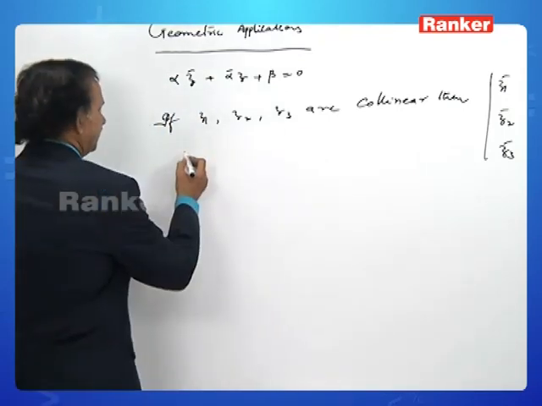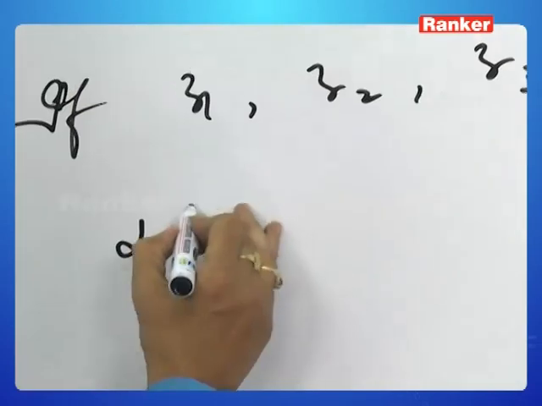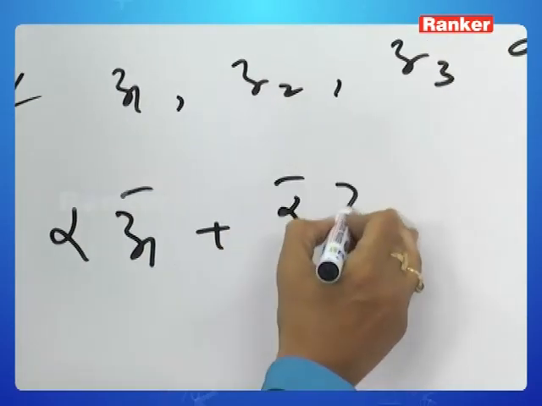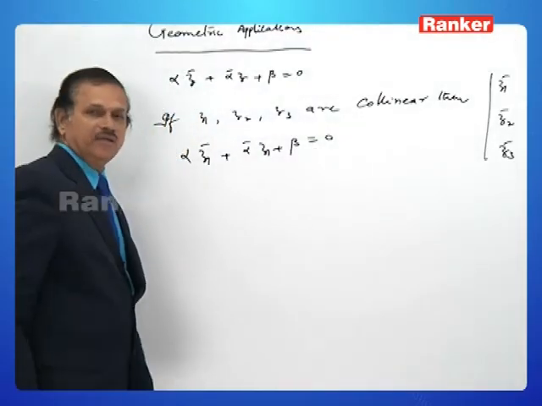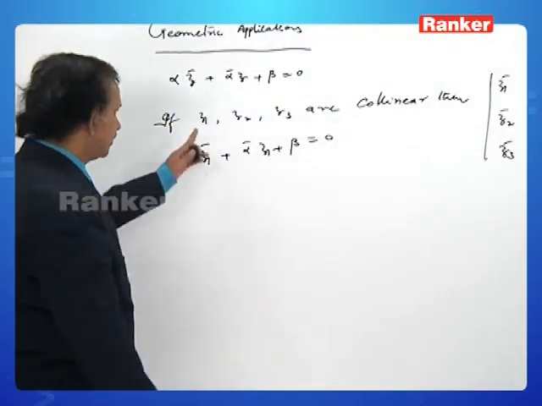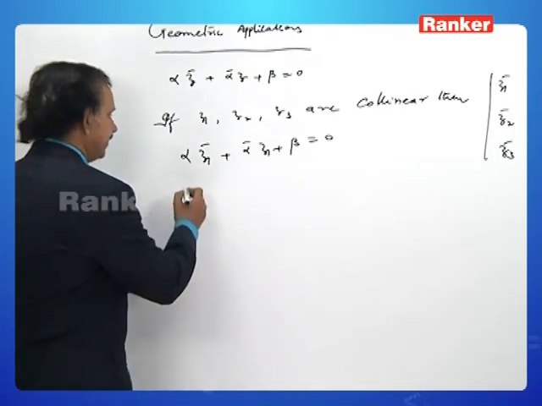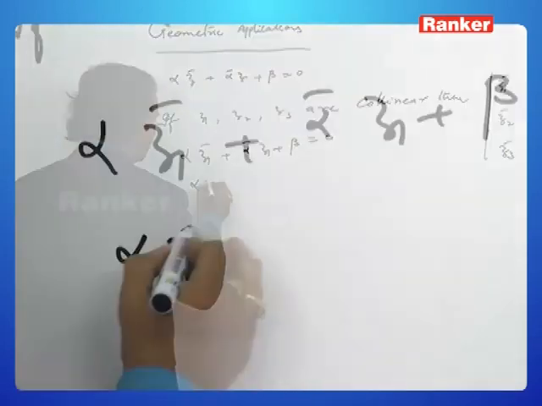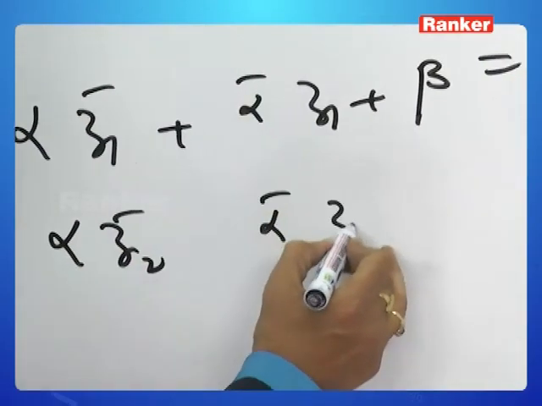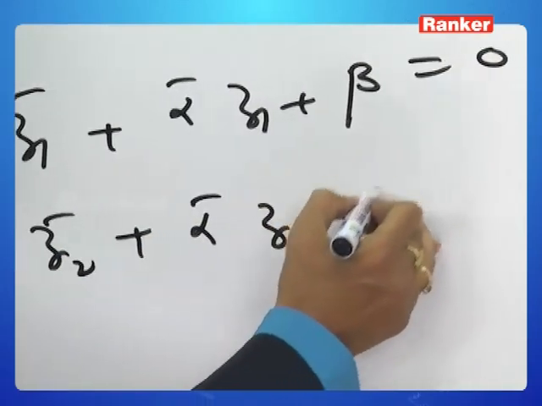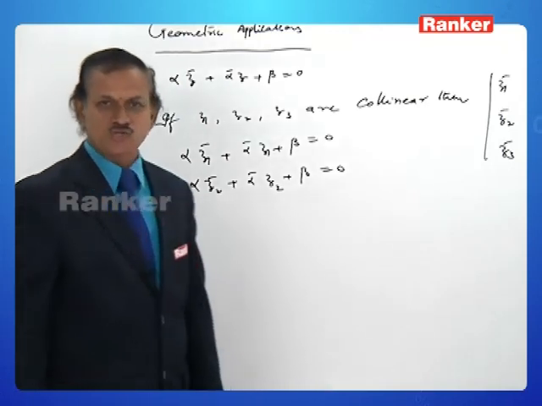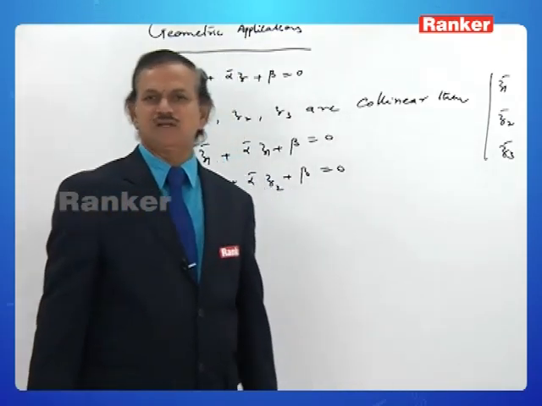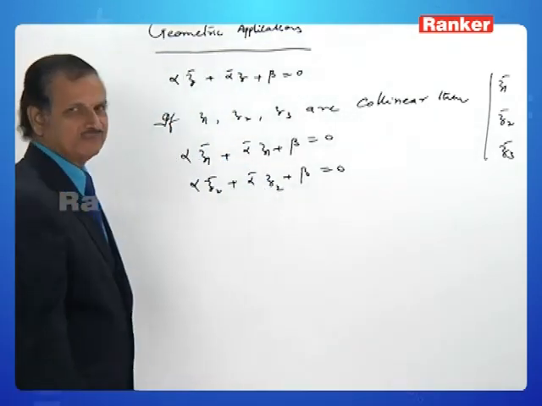What should happen? Alpha Z1 bar plus alpha bar Z1 plus beta is equal to 0, making use of Z1. Z2 also lies on that, that is alpha Z2 bar plus alpha bar Z2 plus beta is equal to 0. Now let us make use of the third point, Z3, also to lie on the standard form of the line.